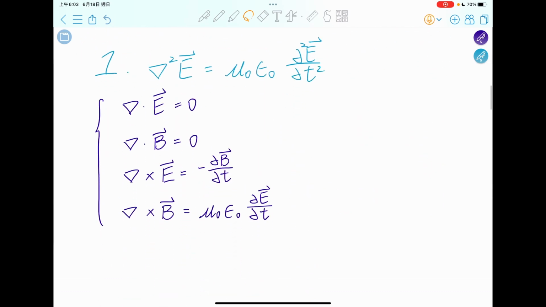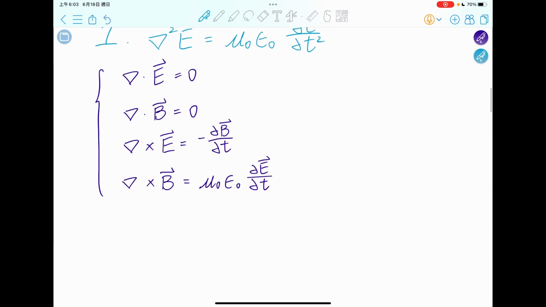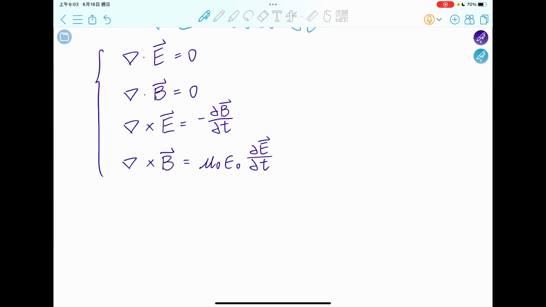So let's start with the electromagnetic wave equation with respect to the electric field. We're gonna use the third equation here.